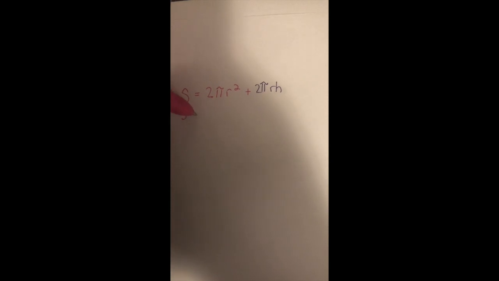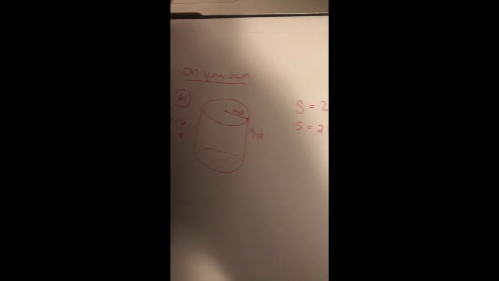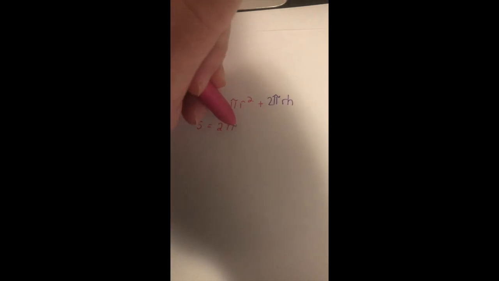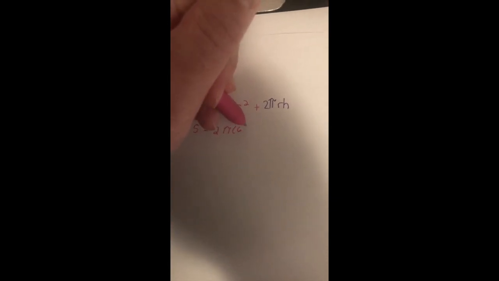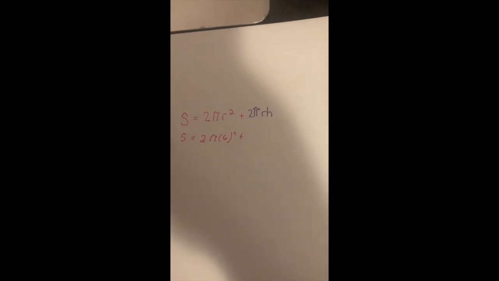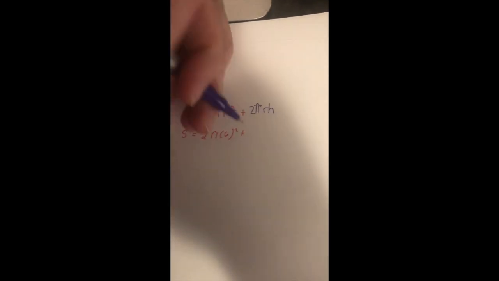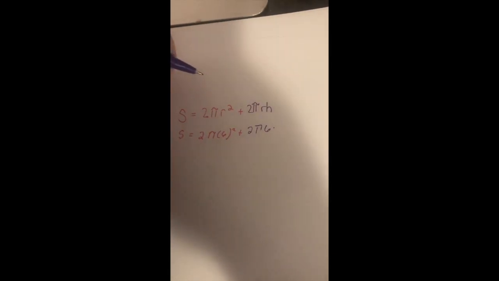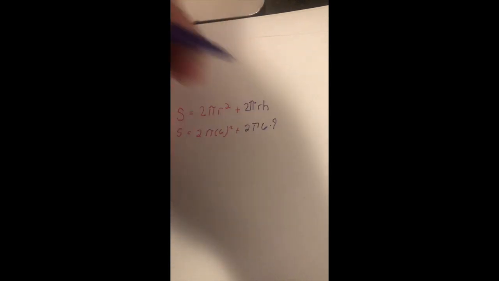So we have surface area is equal to 2. For right now, we're going to leave this as pi. The radius, as you remember, is 6. So we can put that in, 6 squared plus, as you know, we have 2 pi. The radius again is 6, and the height is 9.